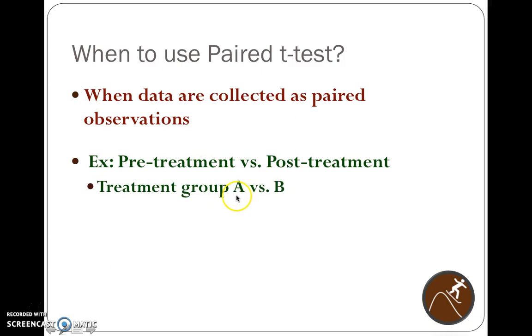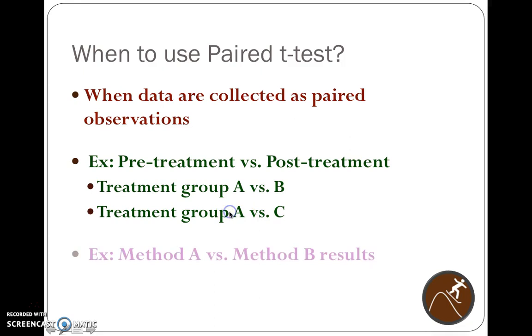So treatment group A versus the same person post-treatment, or you might have a patient matched up with another patient. You may have different types of treatments, so I wouldn't worry too much about those.